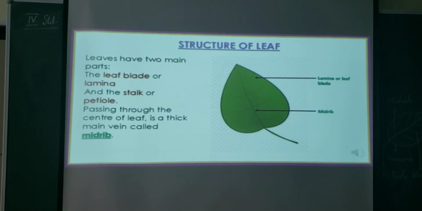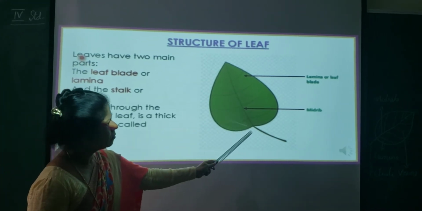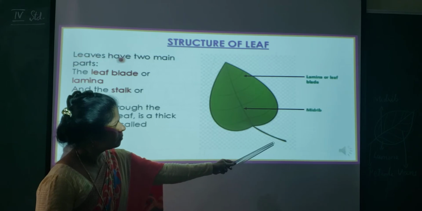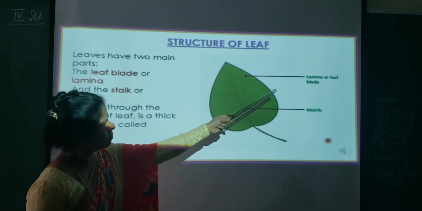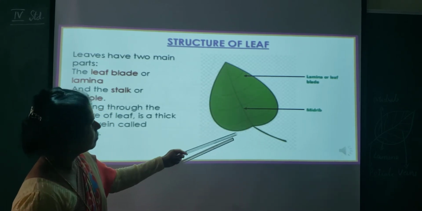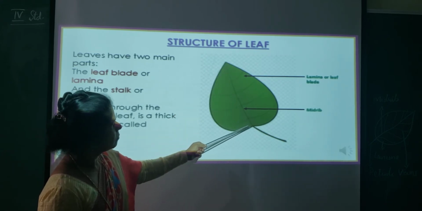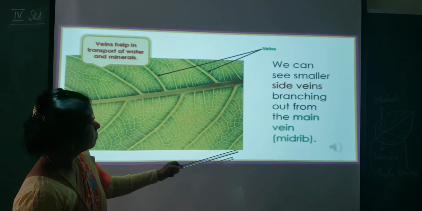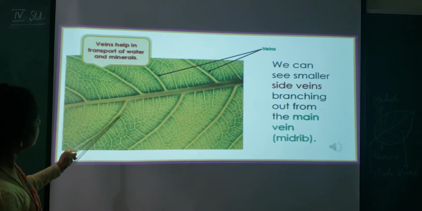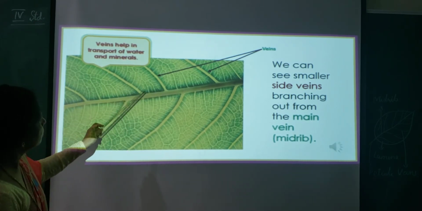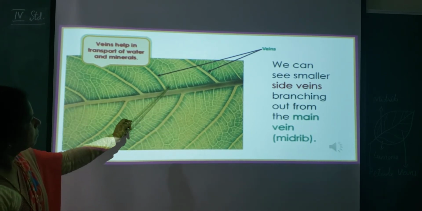Leaves have two main parts, the leaf blade or lamina and the stalk or petiole. The flat and broad surface of a leaf is called leaf blade or lamina. Passing through the center of a leaf is a thick main vein called the They form a dense network of veins which help in the transport of water and minerals to all cells of the leaf and food from leaves to other parts of the plant.